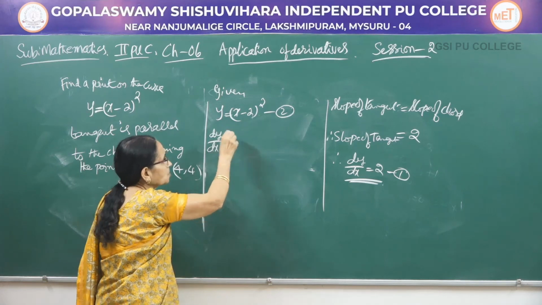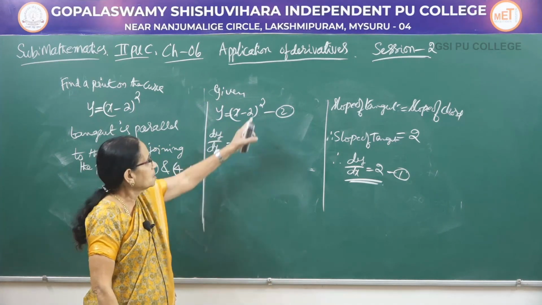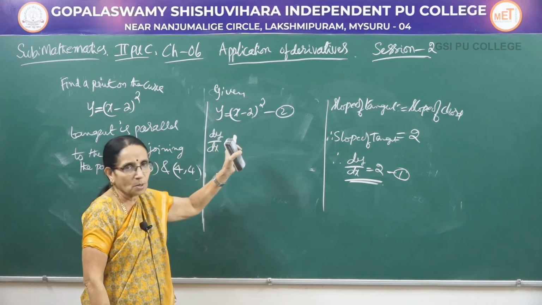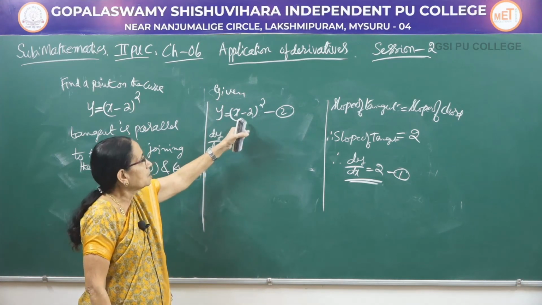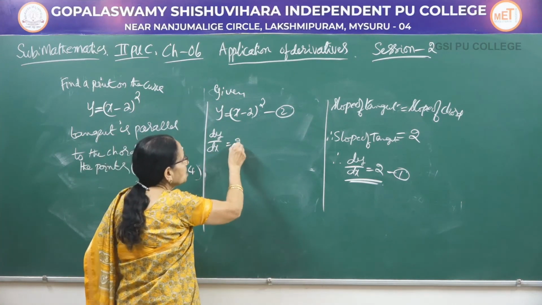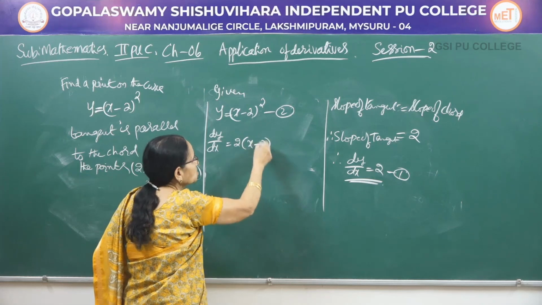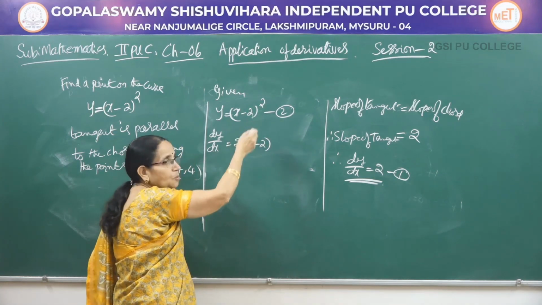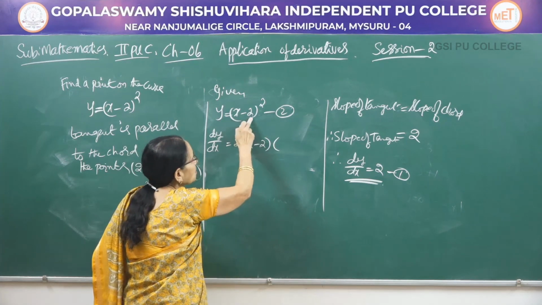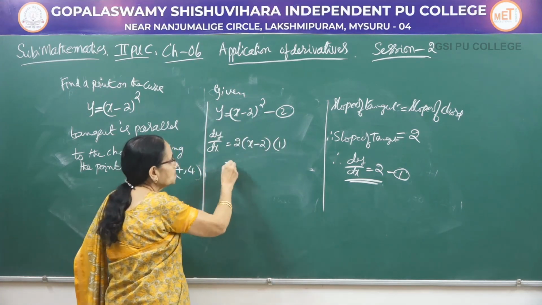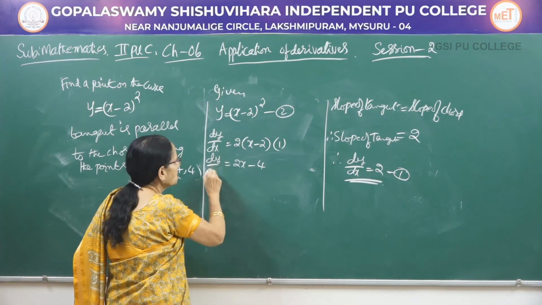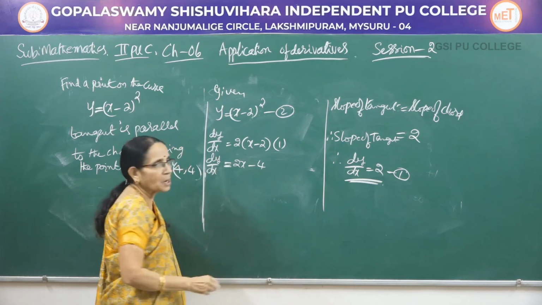For (x minus 2) whole square, the power is 2, you can do the expansion using the formula (a minus b) whole square, or you can take it as a composite function and differentiate. So it is 2 into (x minus 2), the power has been taken down, into the derivative of x minus 2, which is 1. That is equal to 2x minus 4.